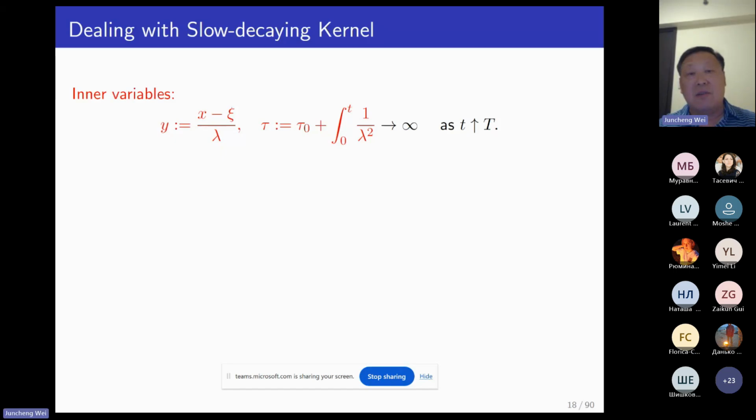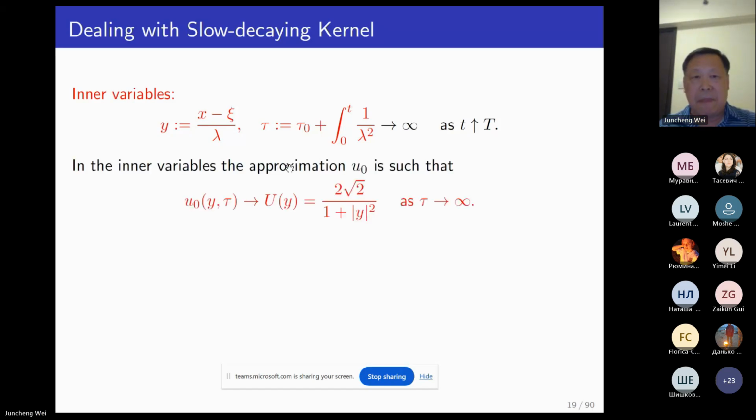So we go to the inner problem. We use the inner variables y and tau, just the same as in the dimension 5 case. In the inner variable, the approximate solution is like 1 over 1 plus y squared, with some constant here.